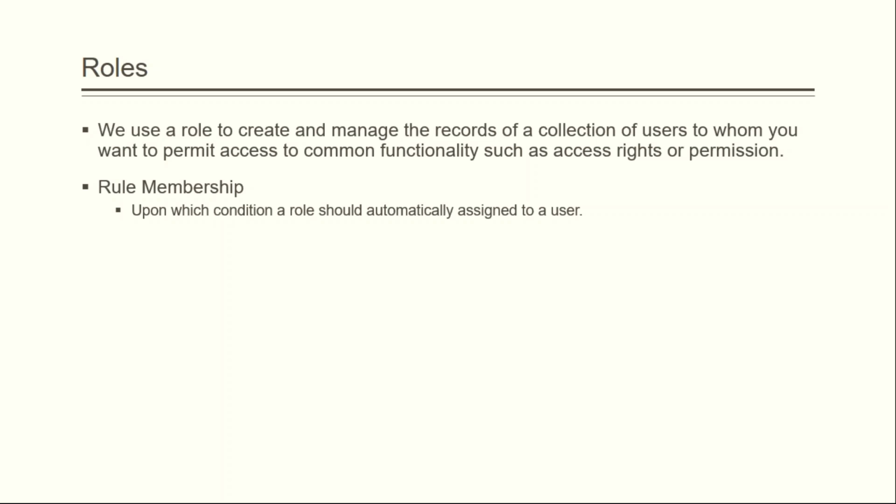Here in OIM 11g R1 onwards, rule membership means that a role has the access to do all these things inside OIM. Now you want to automatically add some users inside this particular role, then you can define some rule.